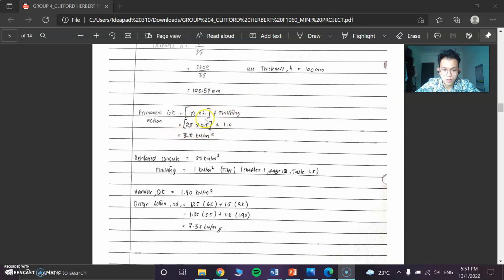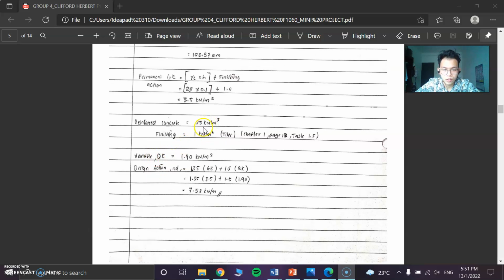Permanent GK action: reinforced concrete times H plus finishing. So 25 times 0.1 plus 1.0 for finishing, and I have got 3.5 kilonewton per meter square. Reinforced concrete we're going to use 25 kN per meter cube, and finishing is 1 kN per meter square, that is tile, from chapter 1 page 13 table 1.5.